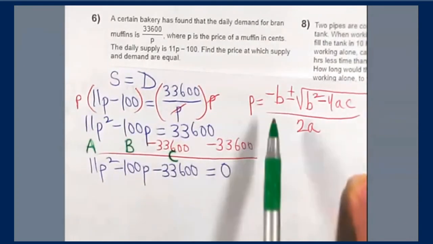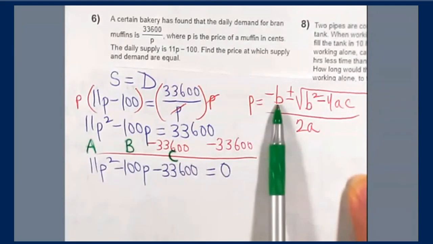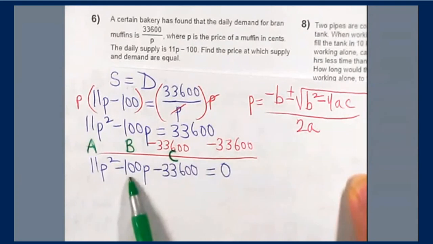Now, at the very beginning, the quadratic formula has negative B, and our B is also negative.